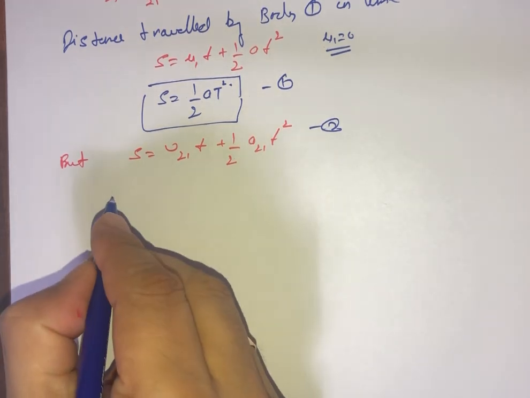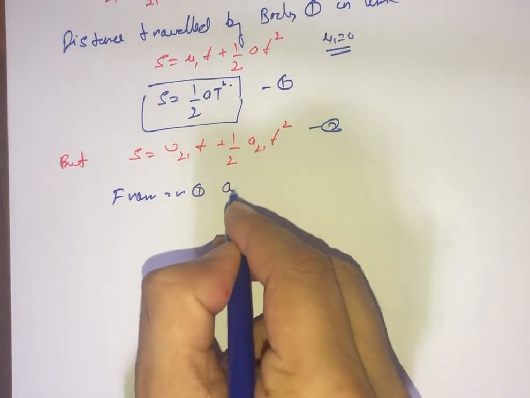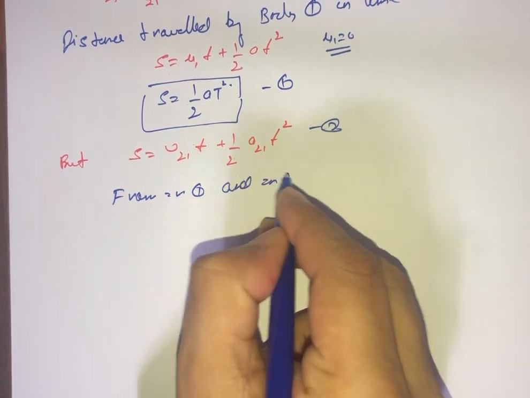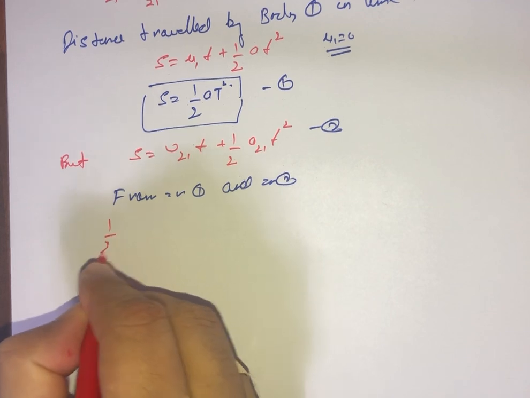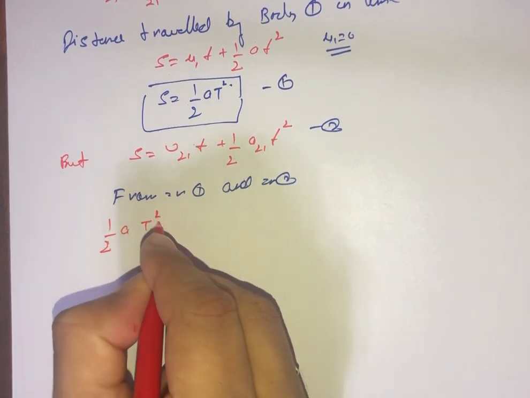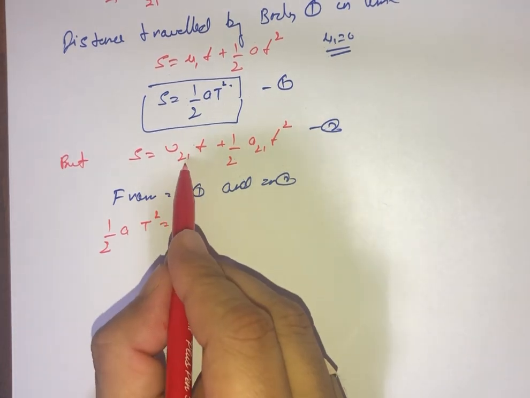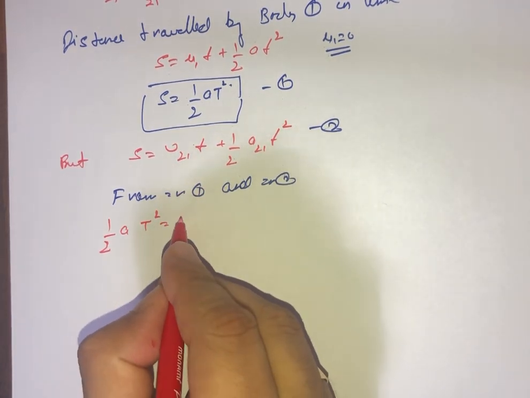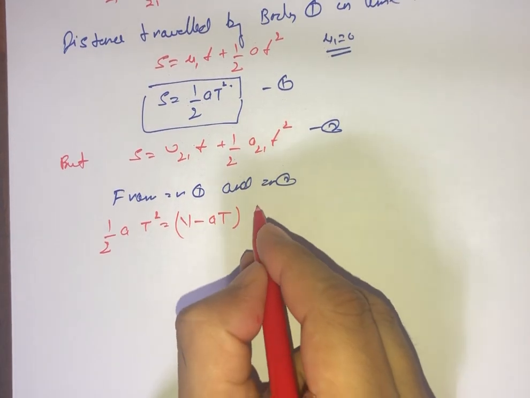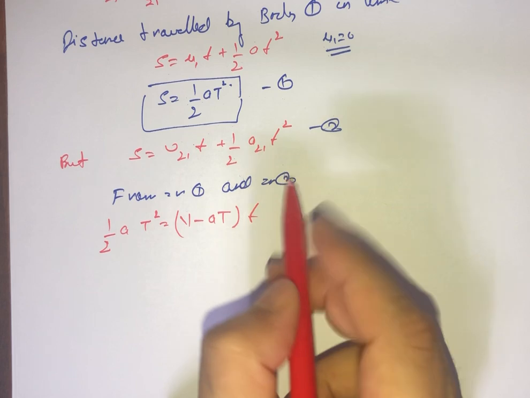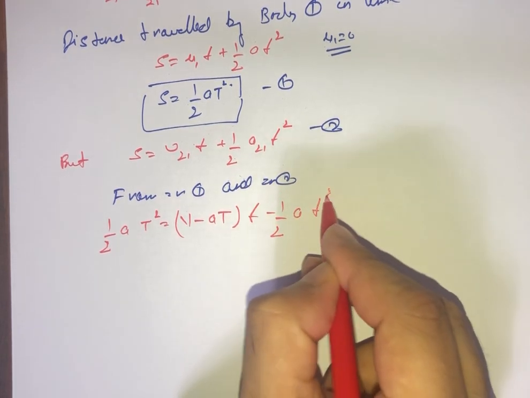So from equation 1 and equation 2 we get half a t square is equal to v21, which we already know is V minus aT, into t, and a21 is minus a, so minus half a t square.